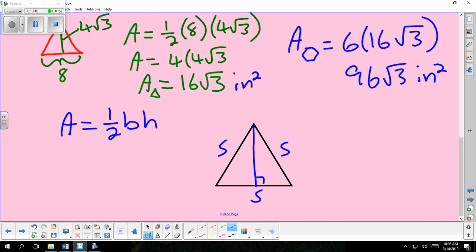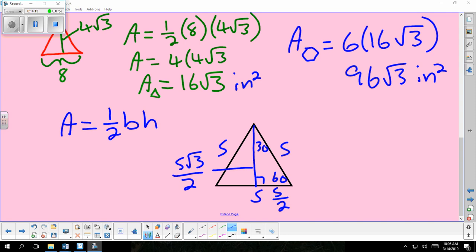So this is a 30, 60, 90 triangle right there. And if this whole side is S, this is 1/2 S, or S over 2. Meaning this height right here that we're looking for is S root 3 over 2.